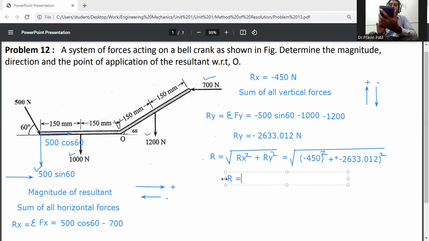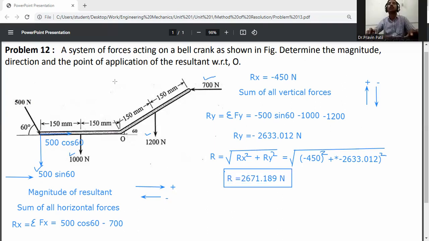So the answer will be 2671.189 Newton. So this one is the magnitude of resultant.